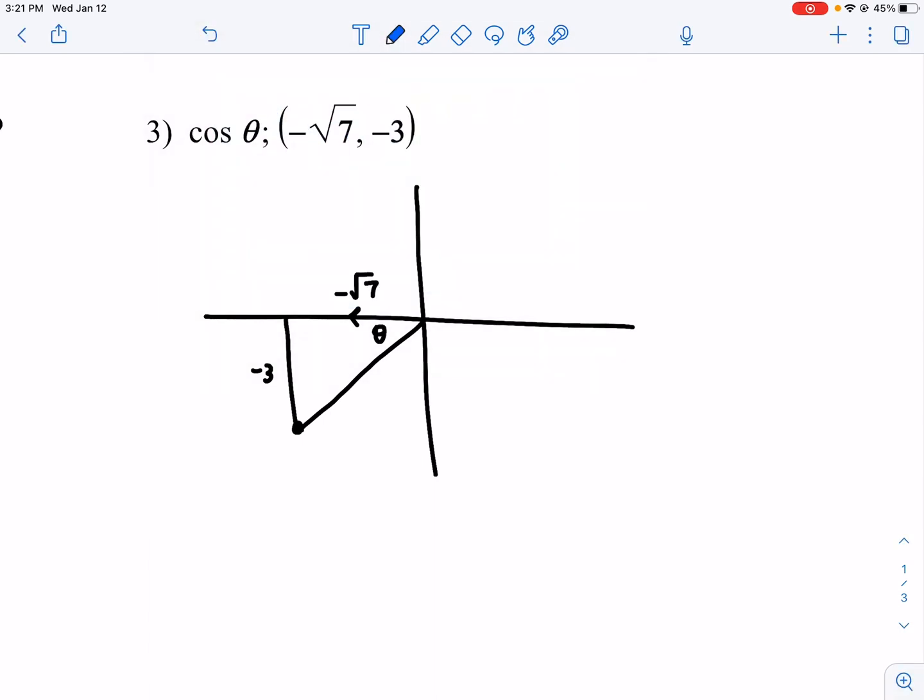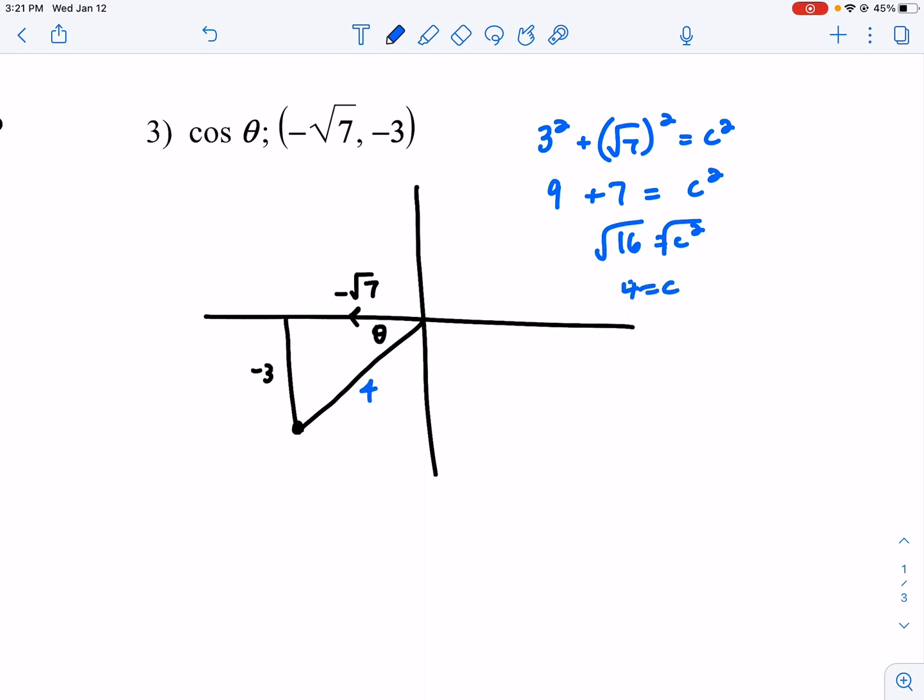So when I go to find my missing side, because I do need it this time, because I'm finding cosine, I need the hypotenuse. I'm going to do 3 squared. Notice how I'm not including the negatives here, because they're not necessary when you're actually finding a side length. So this is 9 plus 7, which equals c squared. So 16 equals c squared. So once I take the square root, I get 4.